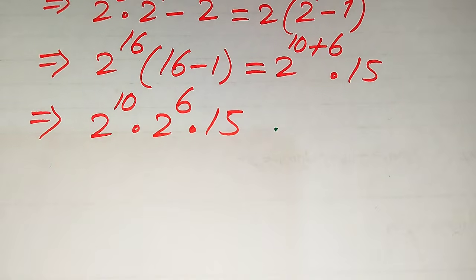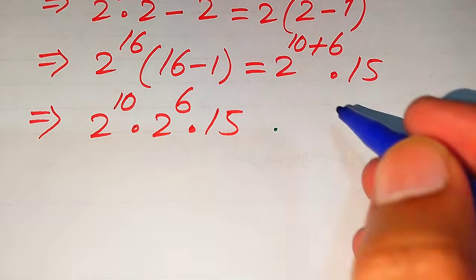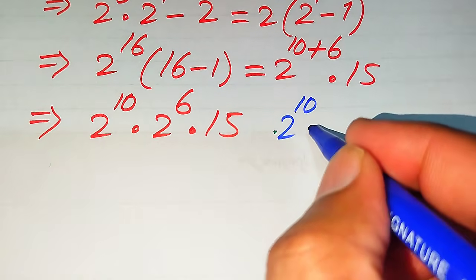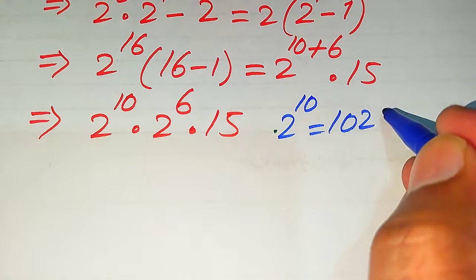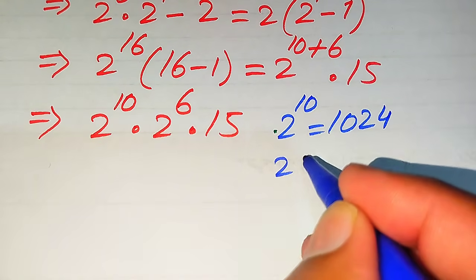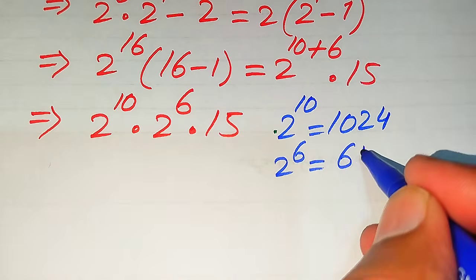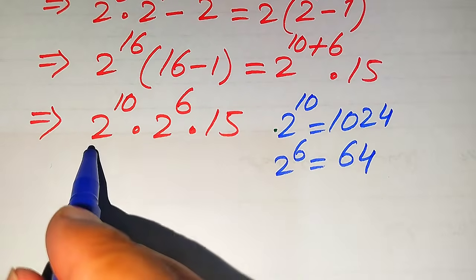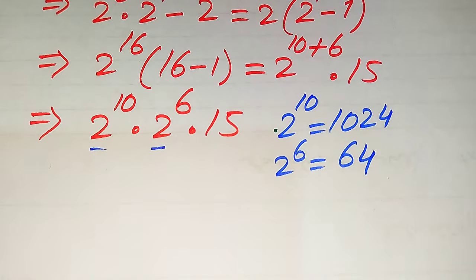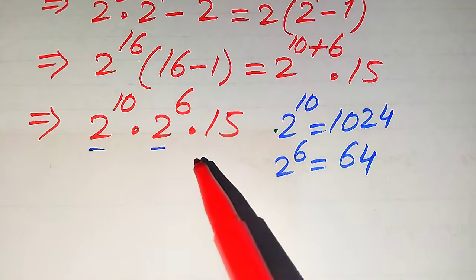And here we know that 2 to the power of 10 is equal to 1024 and 2 to the power of 6 is equal to 64. So we replace these two values with these two numbers. These are simple exponents of 2.